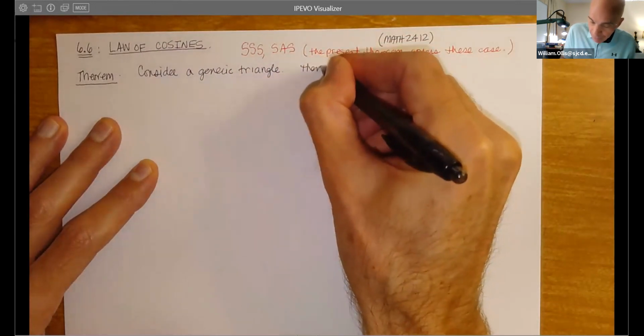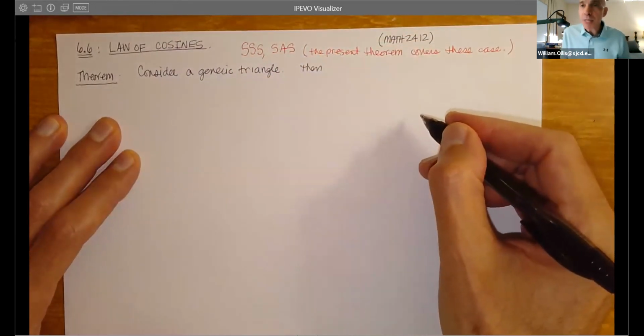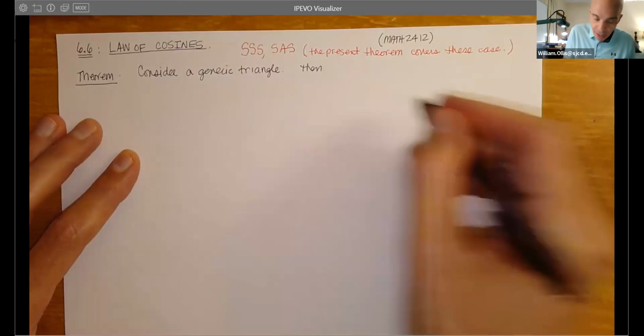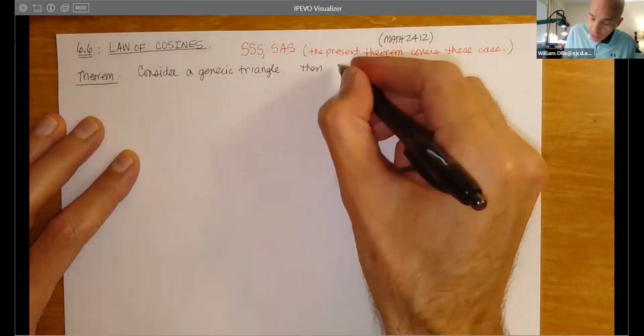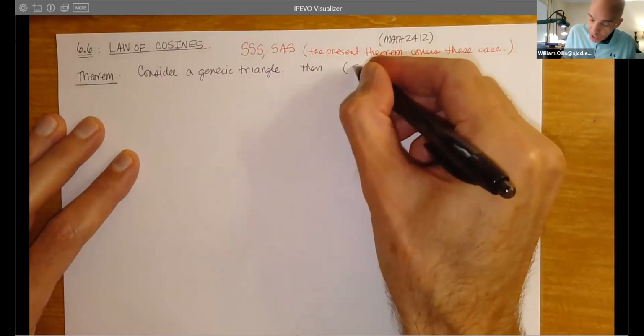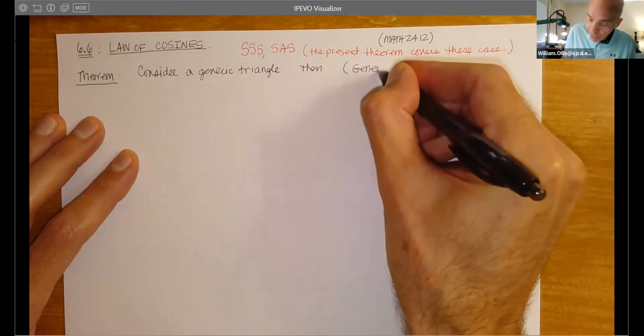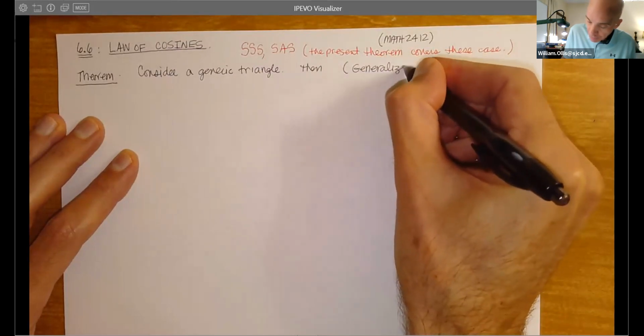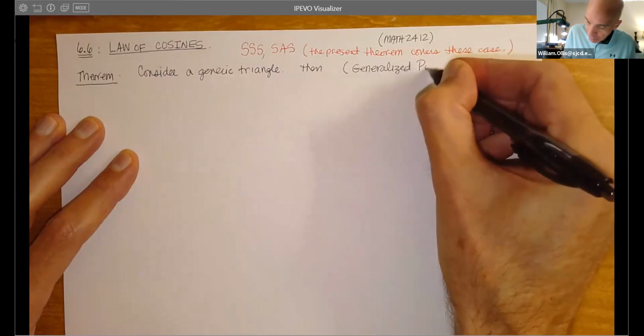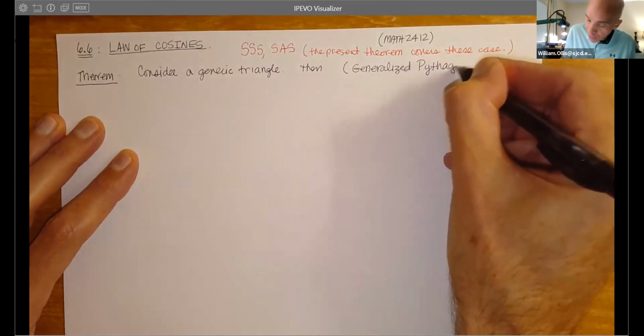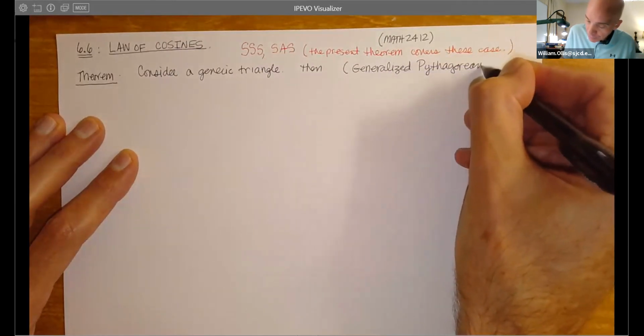Then there's a relationship between the lengths of the sides and the angles, and it comes in 3 forms. Sometimes this is called the generalized Pythagorean theorem. So you're going to see the Pythagorean theorem in the formulas.